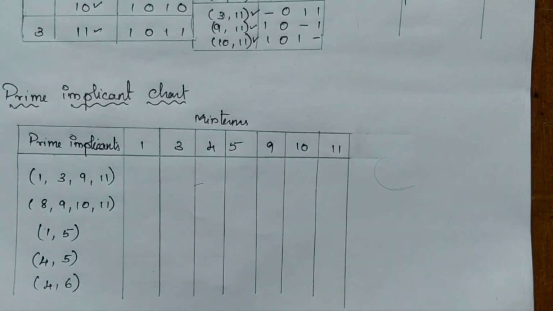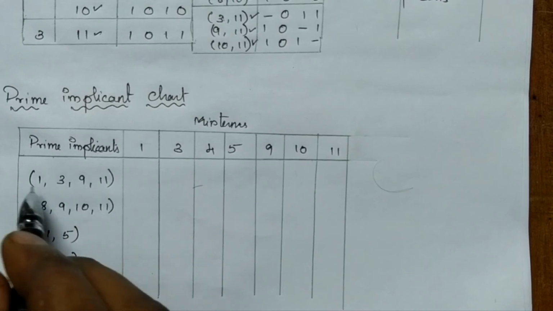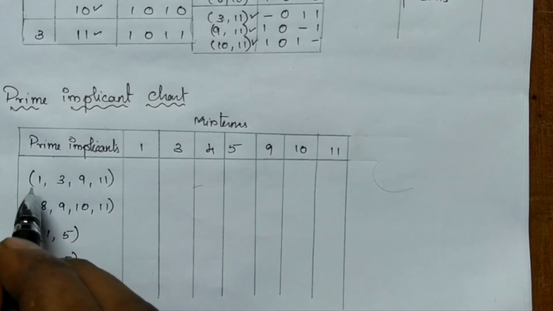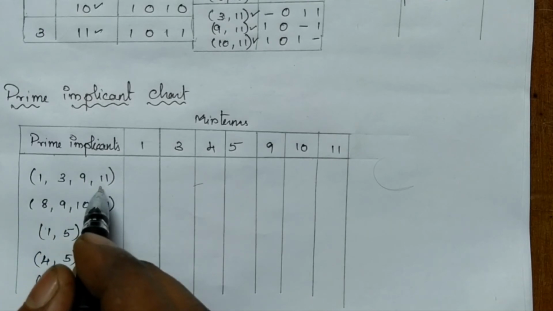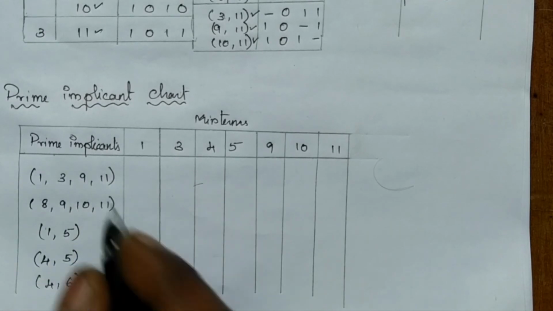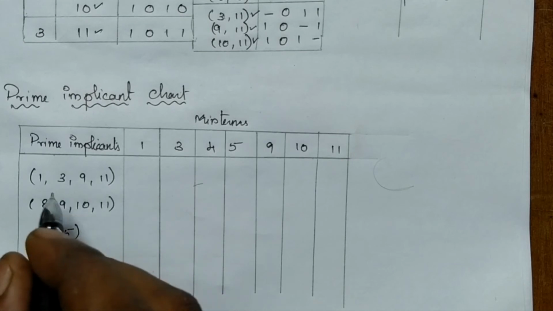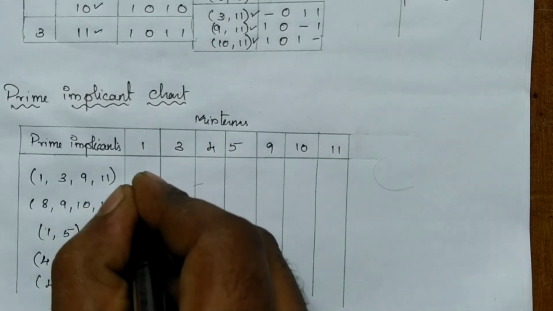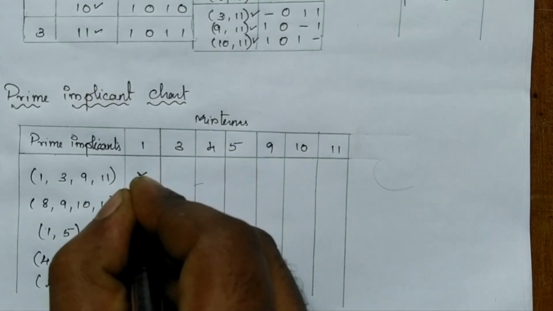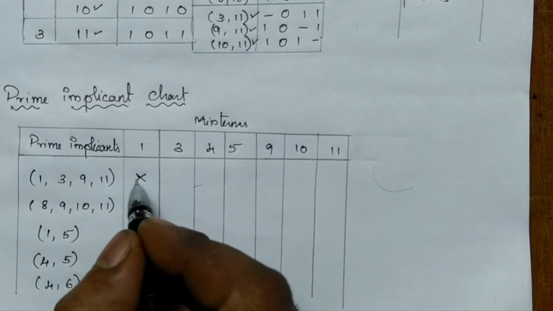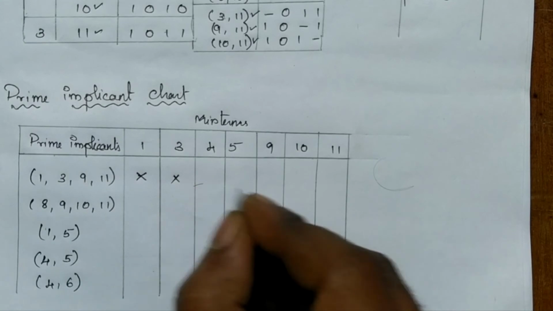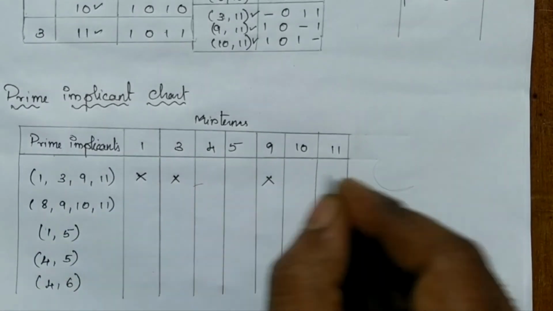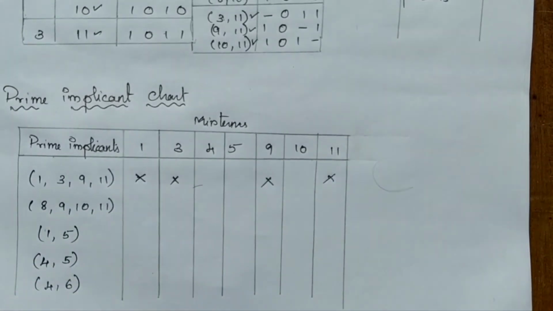Now we need to make the cross marks for the minterms in the prime implicants. Here we are having the minterms 1, 3, 9, 11 in the first prime implicant, so we can mark the minterms. Here 1 we are having, therefore at that particular minterm we need to make the cross mark. Likewise we are having 3, here 9 and 11.